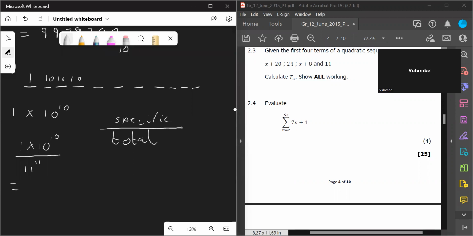And so what's that in your calculator? 1 times 10 to the power 10 over 11 to the power 11 is 0.035, or 3.5%.